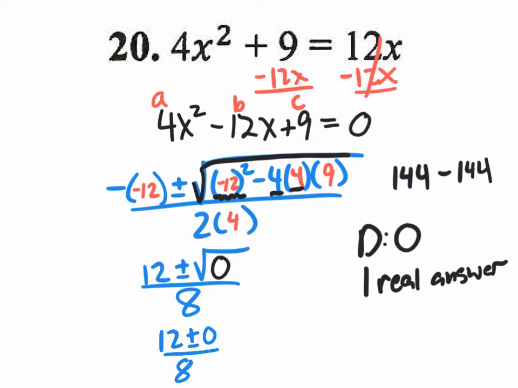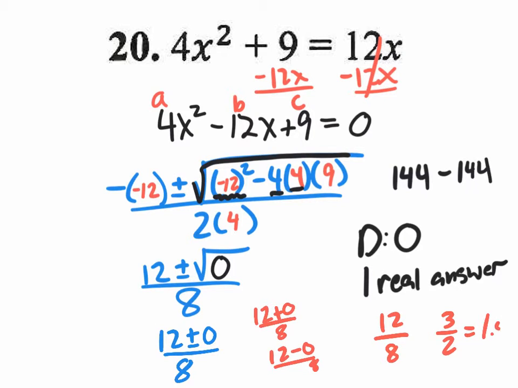But if I have a 12 plus or minus 0, that plus or minus 0 doesn't change anything, right? It's still 12. So the only real answer you get is that single answer, 12 over 8, which reduces down to 3 over 2, which is 1.5.